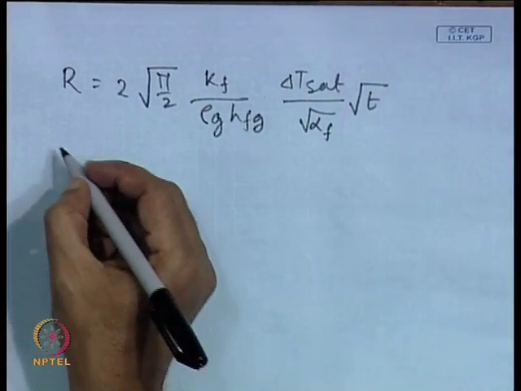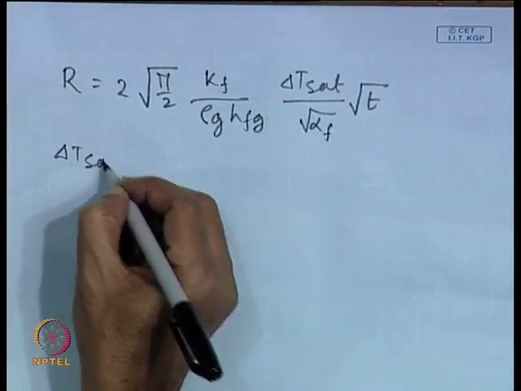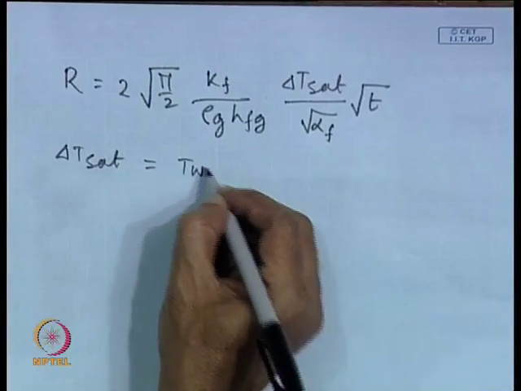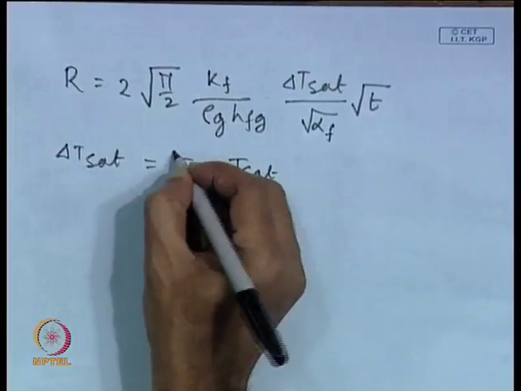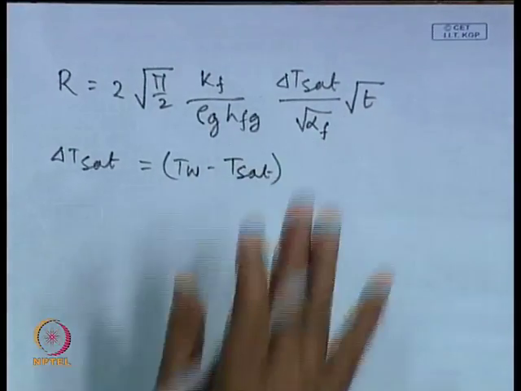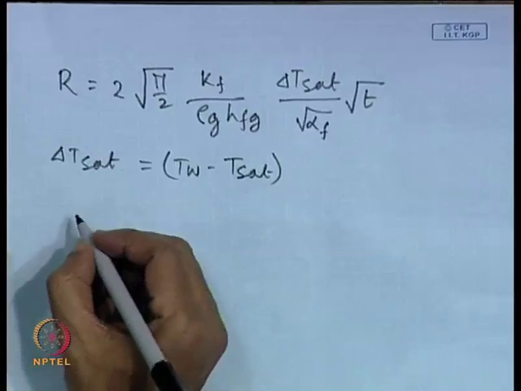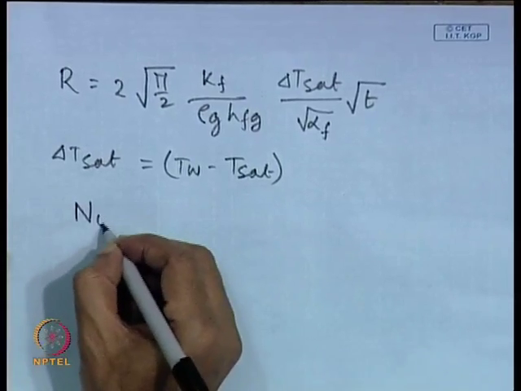Now, delta T_sat again is given by T_w minus T_saturation. Once we have got it, let us go back to our generic convection equation.